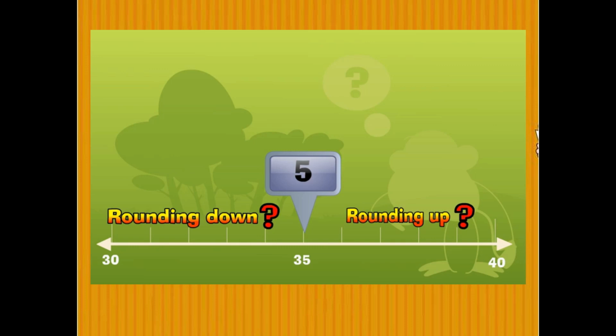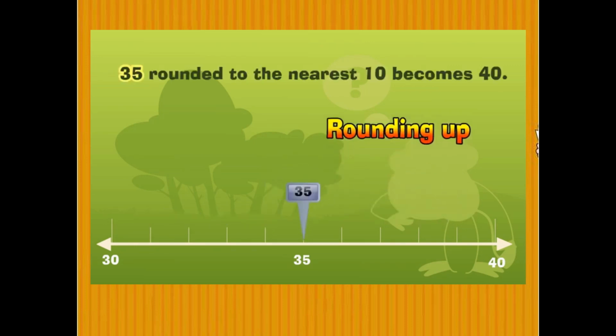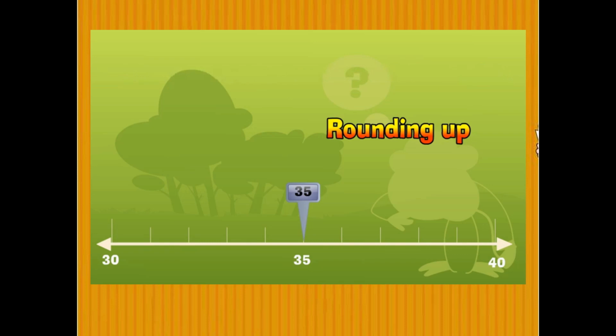The number 5 is also rounded up. So, 35 rounded to the nearest 10 becomes 40. So, 35, 36, 37, 38, 39 are all rounded up to 40, while 34, 33, 32, 31 are all rounded down to 30.